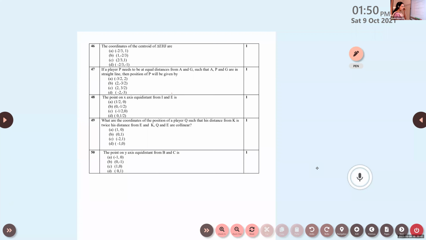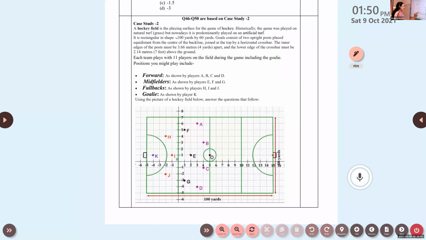What about the vertex E? Can you give the coordinates of E? 2, 1. Coordinates of E is 2, 1.